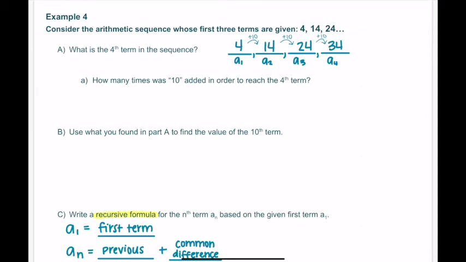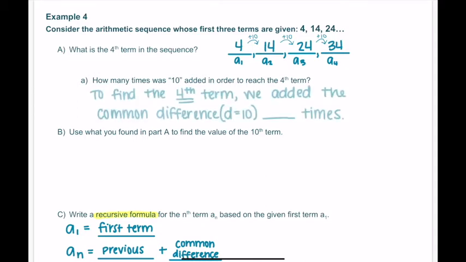All right, well, when we write it out like that, how many times did we add 10 in order to get the fourth term? In order to find the fourth term, we added that common difference of 10 1, 2, 3 times. So we started with a sub 1, and then we added 10, added 10, added 10, 3 times.